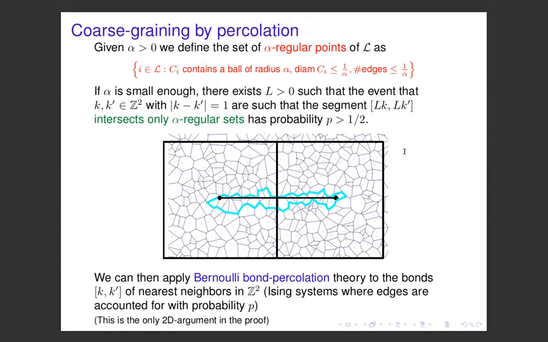This regularity of the geometry can be achieved by considering a subset of the Voronoi cells: the subset of the Voronoi cells which are neither too big nor too small. So we impose that they contain a ball of some radius, and they are not larger than 1 over the same constant alpha here, and we control the number of edges.